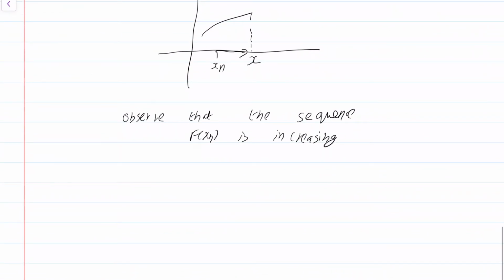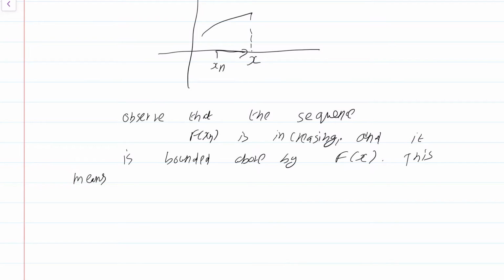So observe that the sequence f of x_n is increasing and it is bounded above by f of x, right? Because the function f is an increasing function, so the sequence f of x_n is bounded above by f of x.